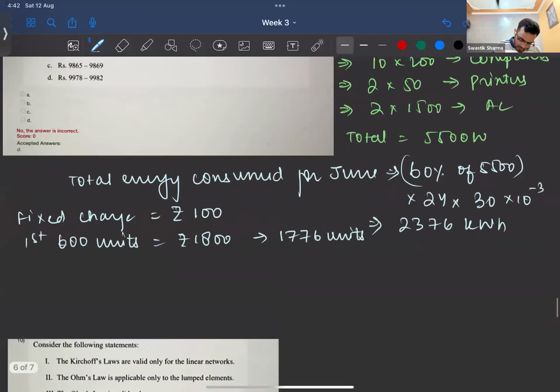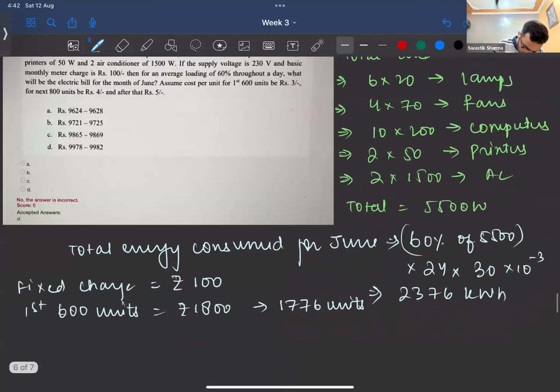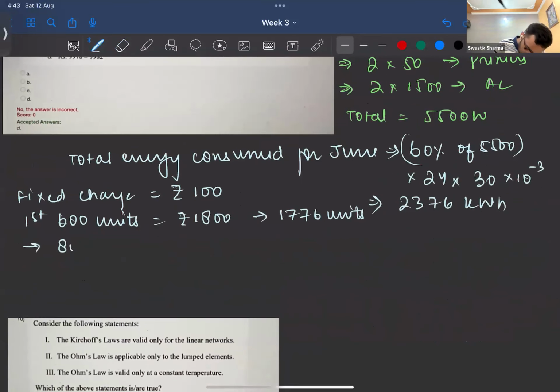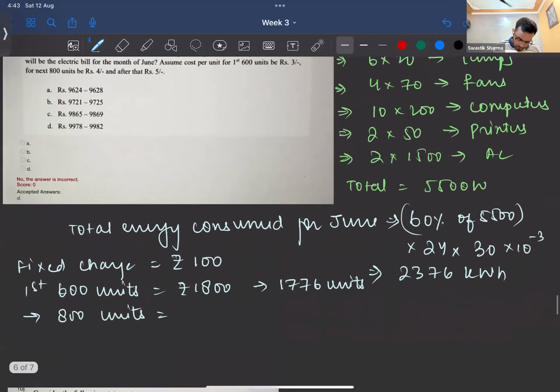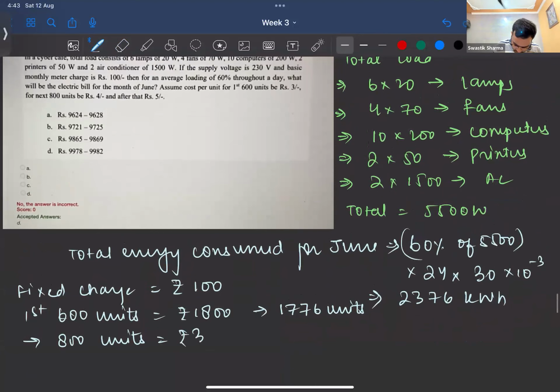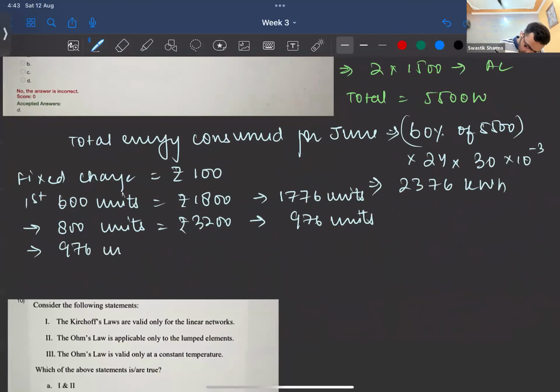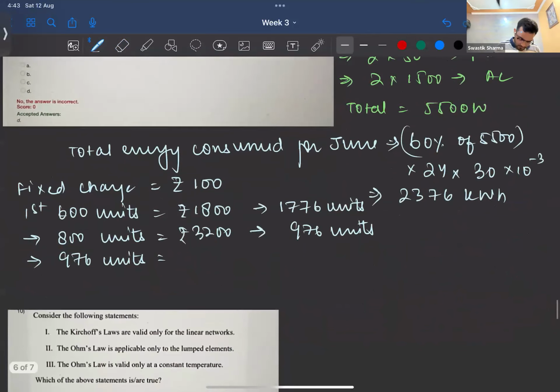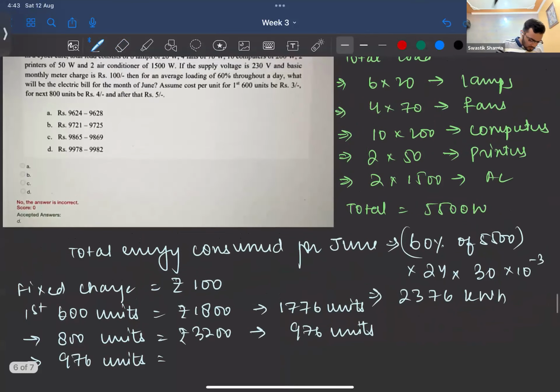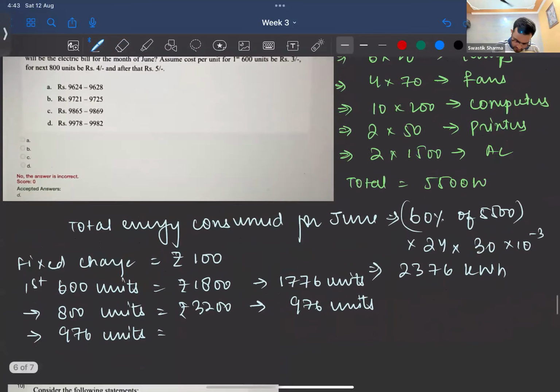For the next 800 units, it's charging 4 rupees, so that means it's 3200. How many are left? 976 units left, right? And the rest of it is being charged at 5 rupees. How much is this? 4880.